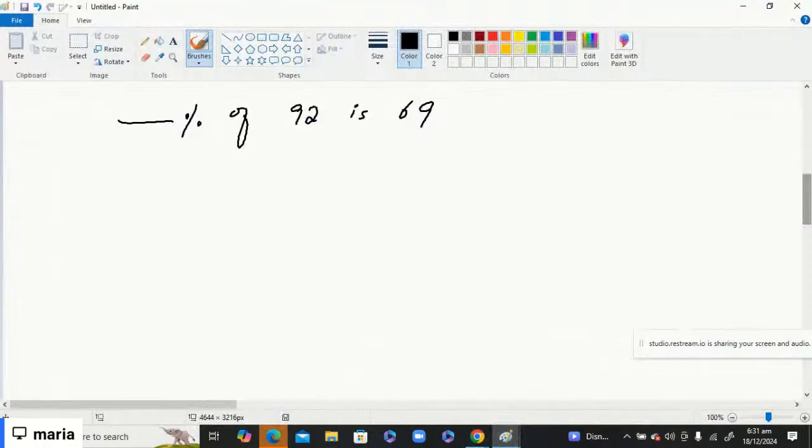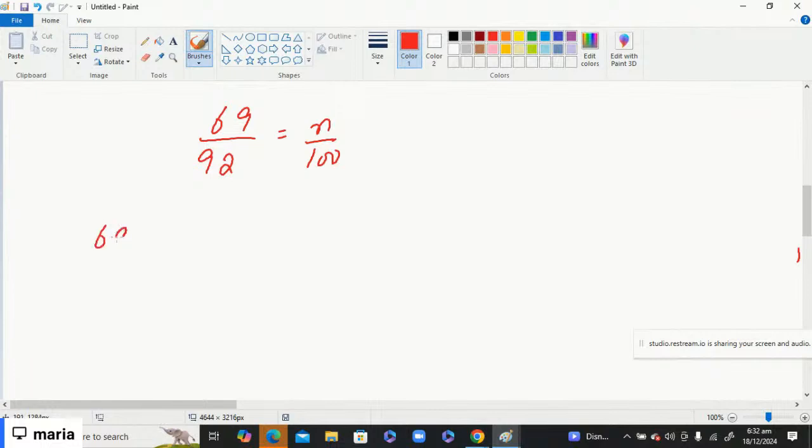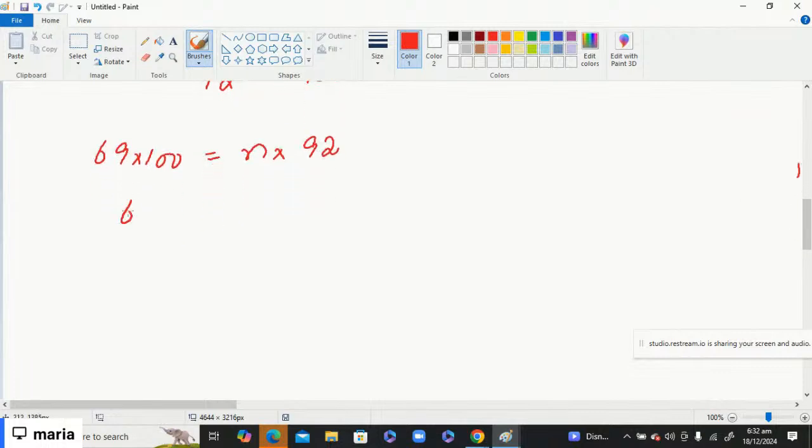So let's do it. 69 over 92 equals n over 100. Cross multiply: 69 times 100 equals n times 92. This becomes 6900 equals n times 92.